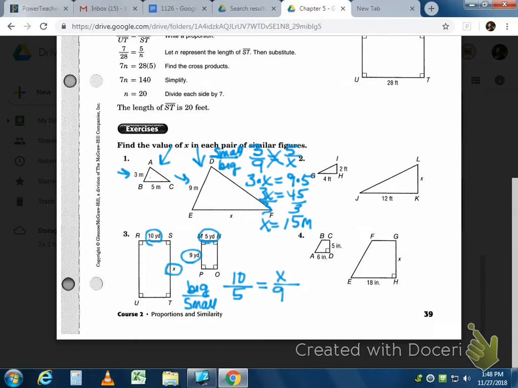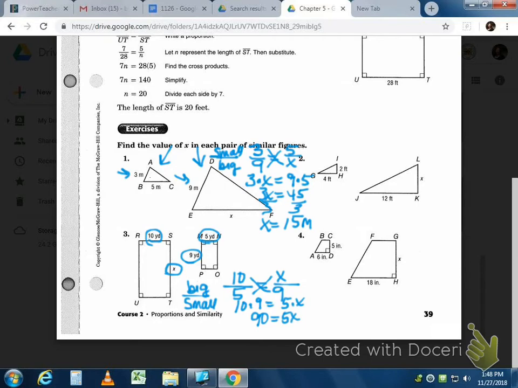X over 9. Now, is there anybody in here that cannot see how we wrote that? We went from the big rectangle to the small, and you match the corresponding sides for each ratio. After you fill in all the spots, you're going to cross, cross. So 10 times 9 is going to equal 5 times x. And 90 equals 5x.